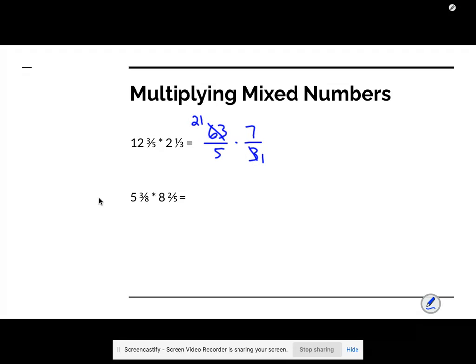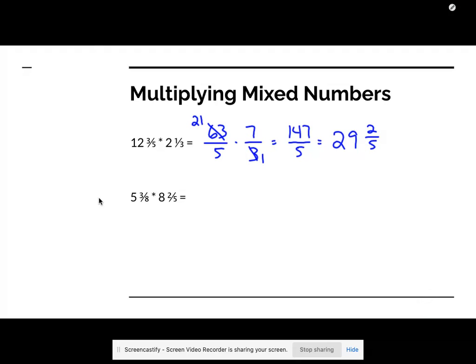So now my numbers are a little bit smaller than I'm working with. Still not nice numbers that I can do in my head, except this one I might be able to, because 20 times 7 is 140, 1 times 7 is 7, so 147 over 5. And when I divided this out, I end up getting 29 2/5 as my final answer.